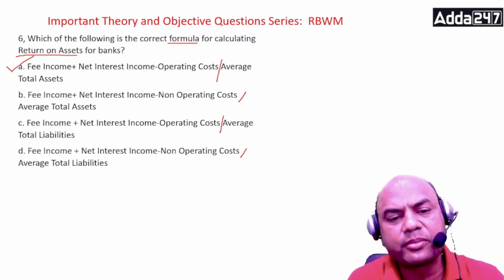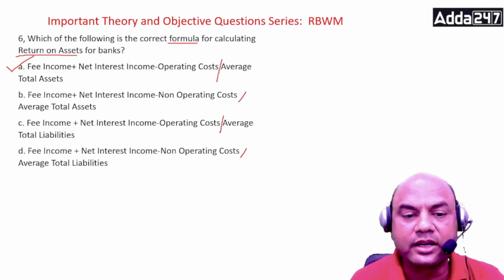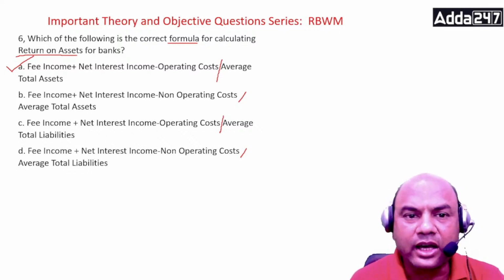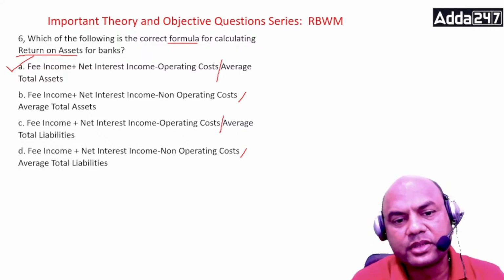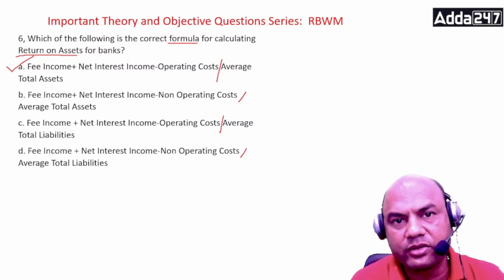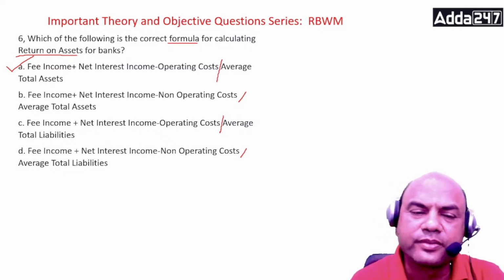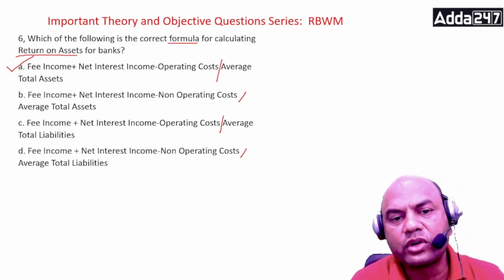Now just to give you a bit more explanation, because not only is the answer important, we need to understand the things also. ROA means return on asset. It is determined by the income that a bank earns on its net interest income and the fees on its services. What is fee income, or other income?